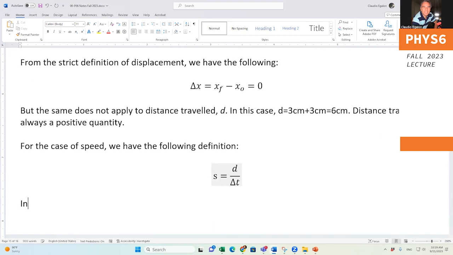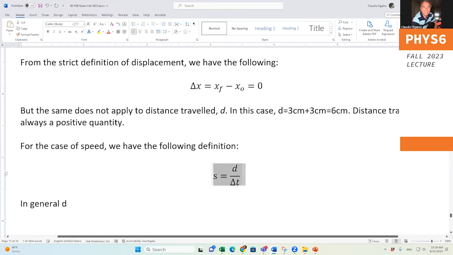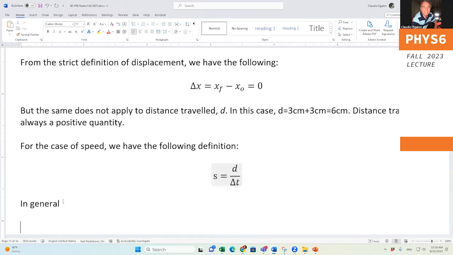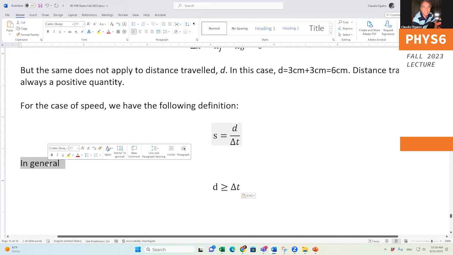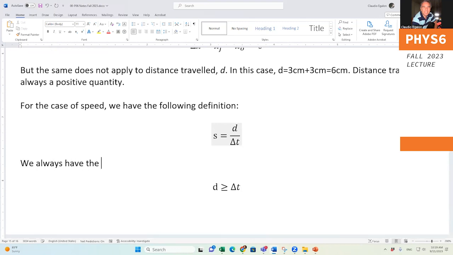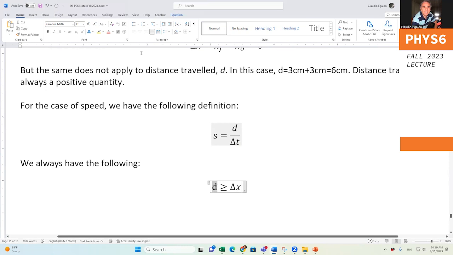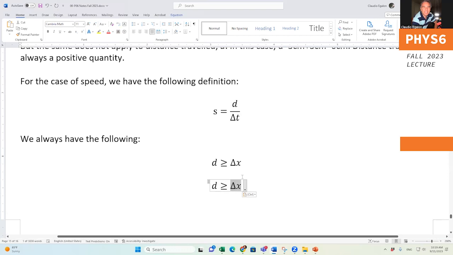In general, we always have the following: d is greater or equal than delta x. D is always greater or equal than 0.